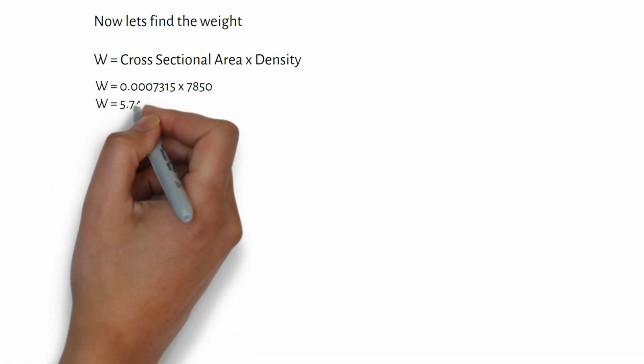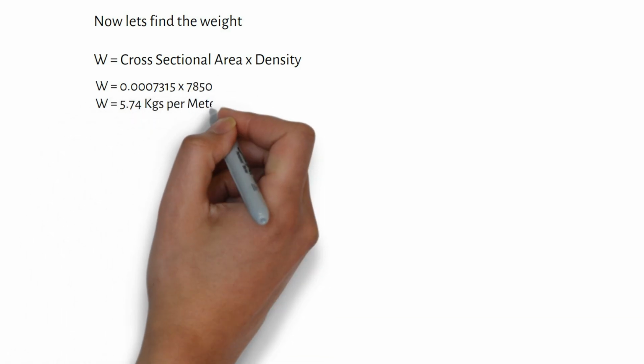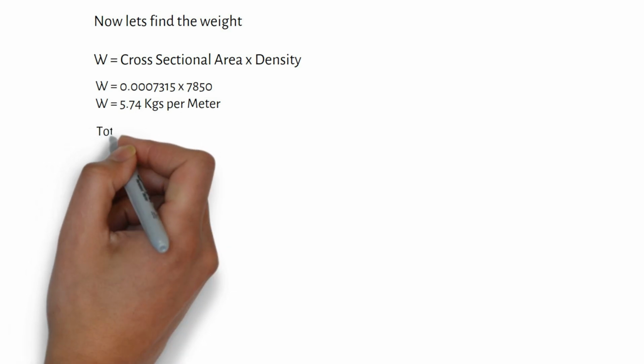The weight of round pipe required at site is 5.74 kilograms per meter.